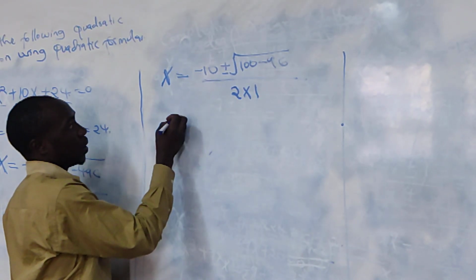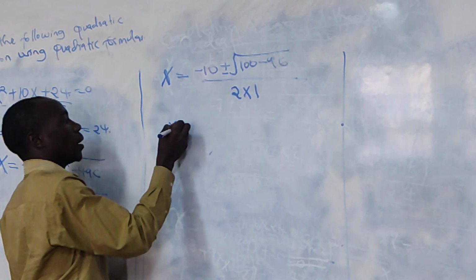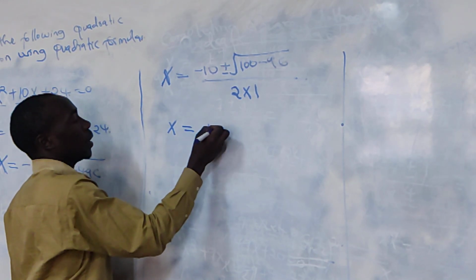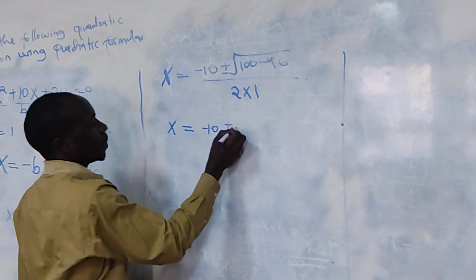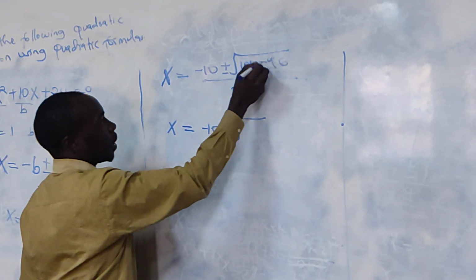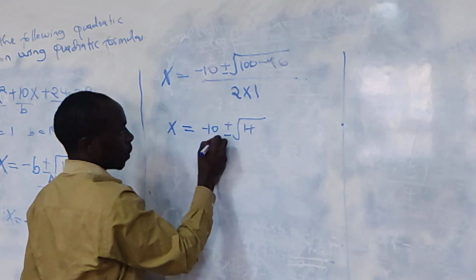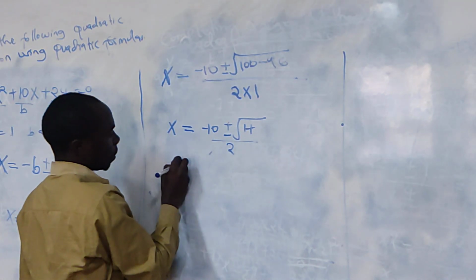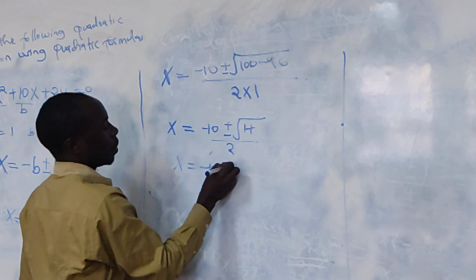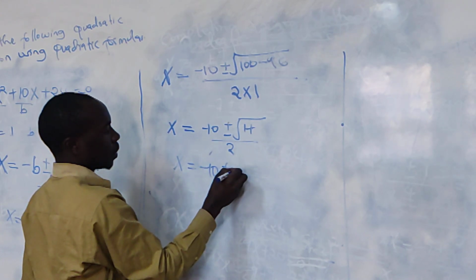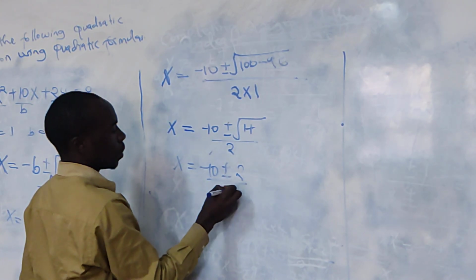So we get the value of x as minus 10 plus or minus the square root of 100 minus 96, which is the square root of 4, over 2. So x will be equal to minus 10 plus or minus 2 over 2.